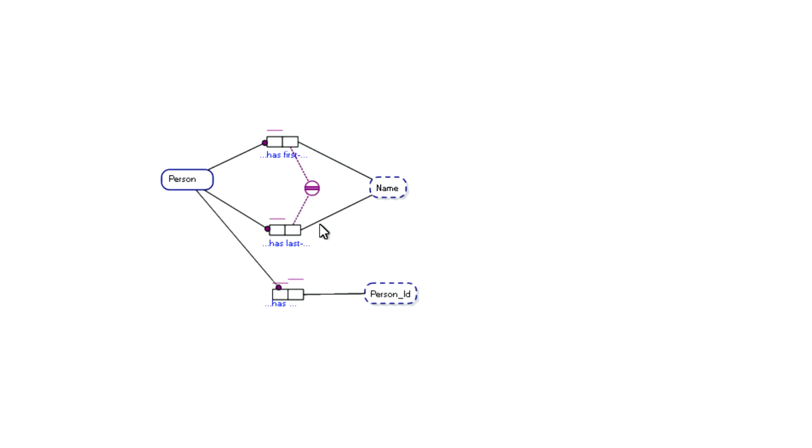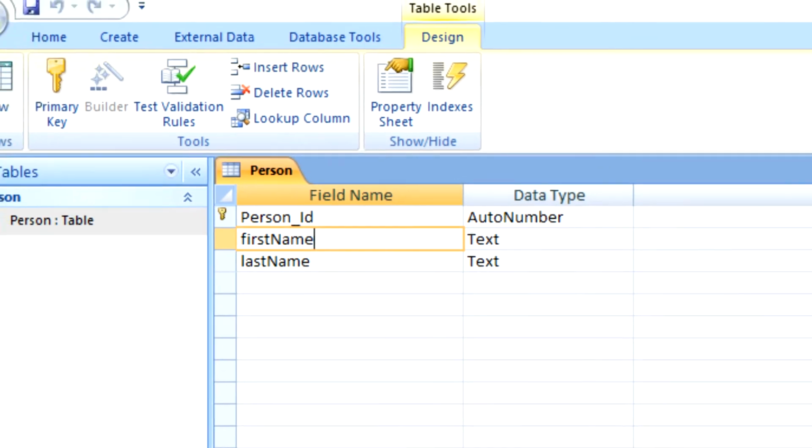And we call this a compound reference scheme because ultimately it resolves to two or more fields within a table when the model is transposed to a relational table in a database. So let's have a look at the database and what that would mean.